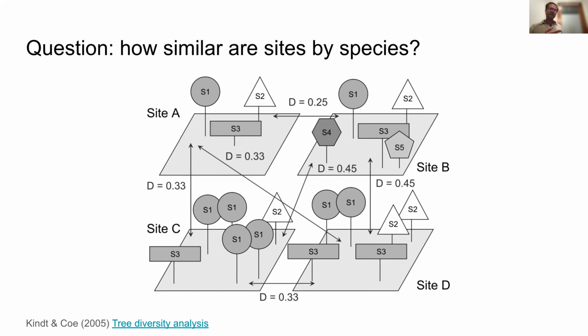Now, you can also look at, and this will make more sense when we start talking about ordination, the functional traits within these species that confer different larger ecological processes.